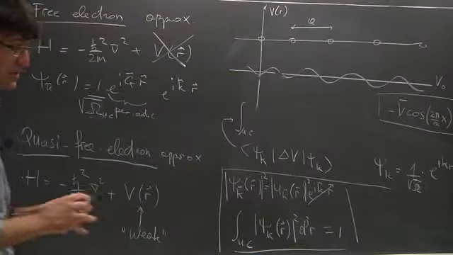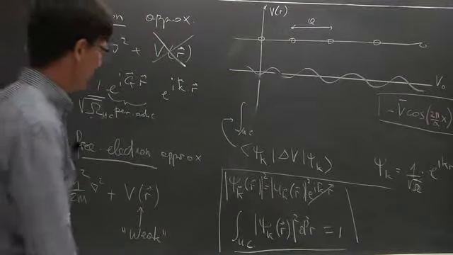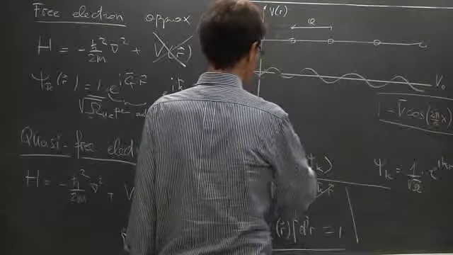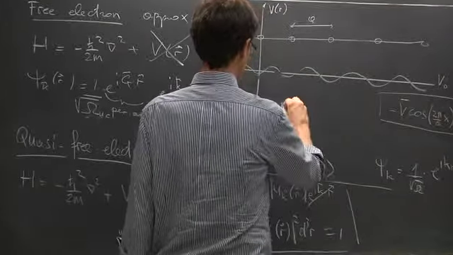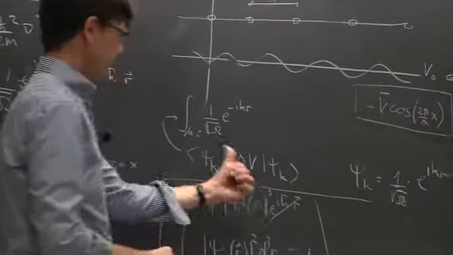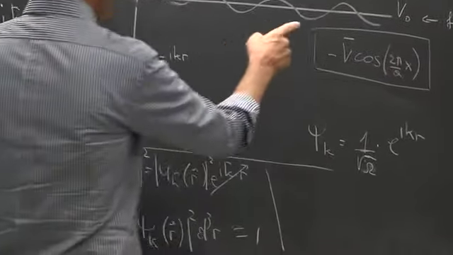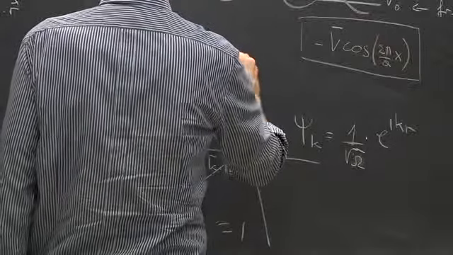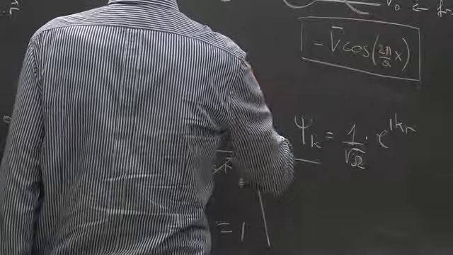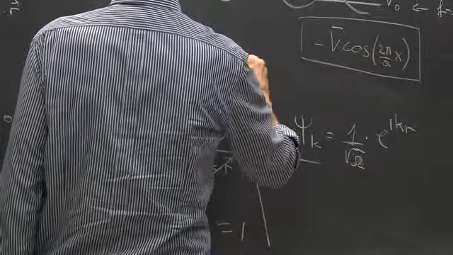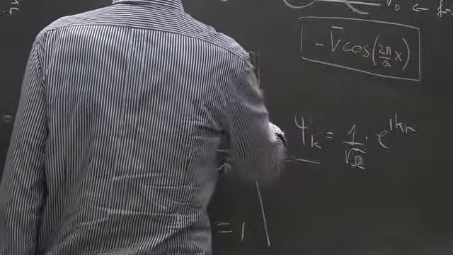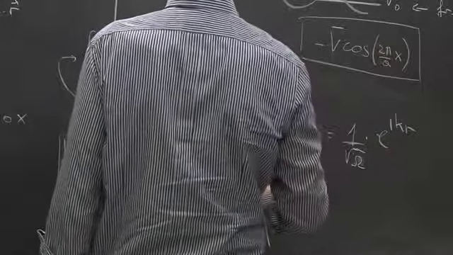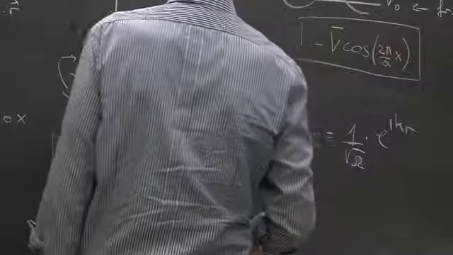That's my definition of expectation values. I can do it in the unit cell of 1 over square root of omega e to the minus ikr, psi k star, delta v minus v bar cosine 2 pi over a x, times e to the ikr.